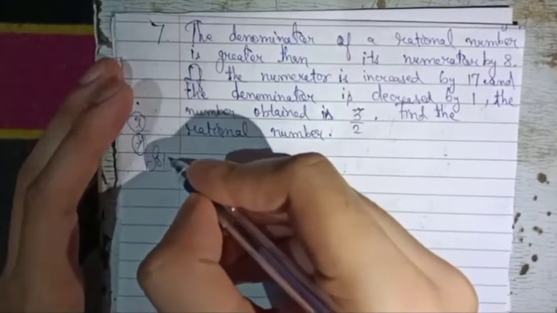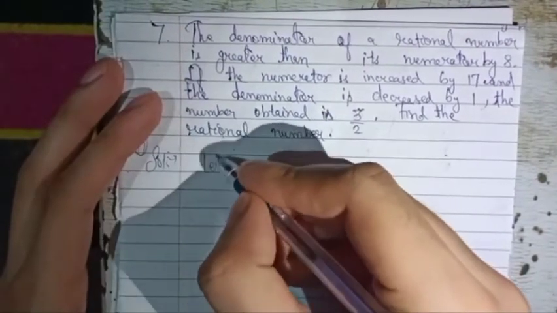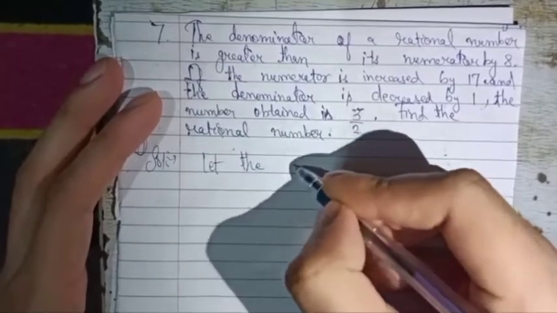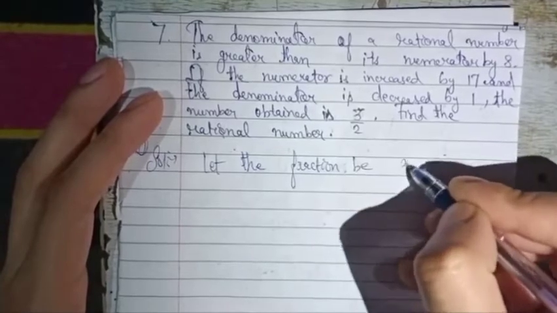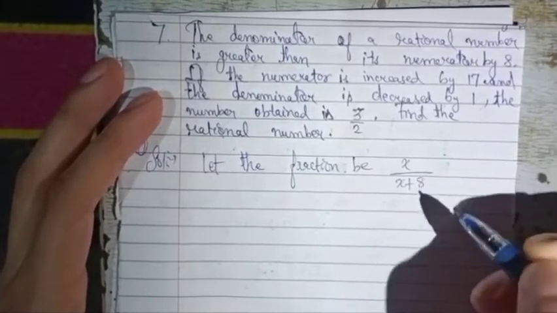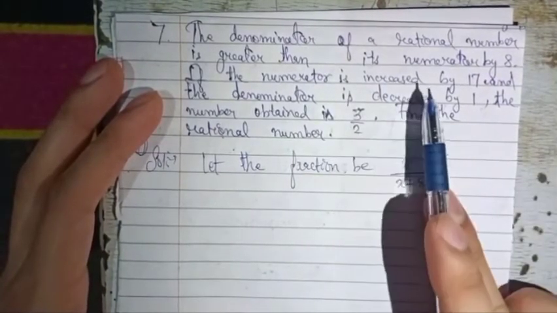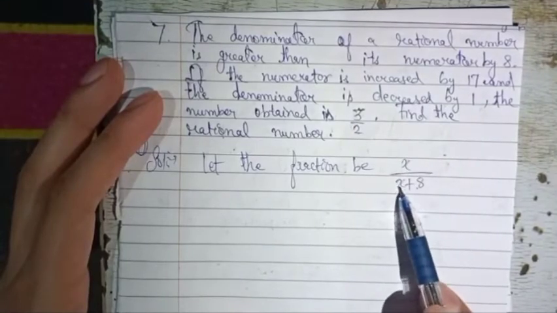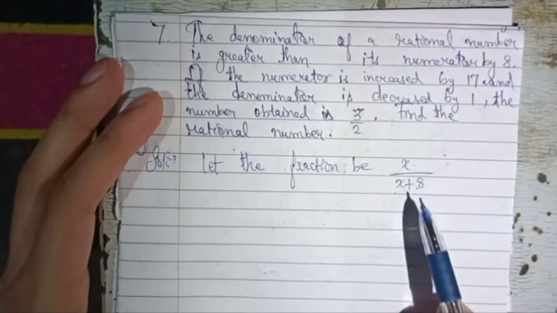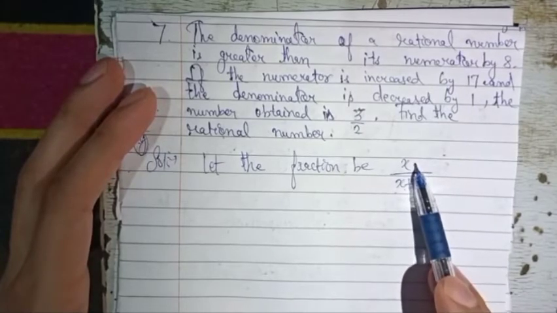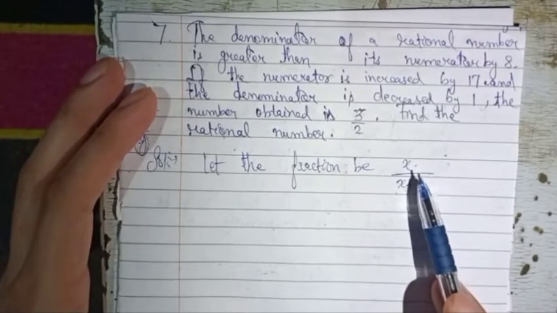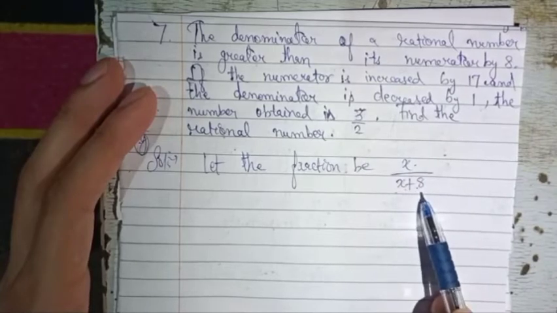Let the fraction be x upon x + 8. Why so? Because it is given in the question that the denominator is greater than the numerator by 8. Okay, that means if the numerator is x, then the denominator will be x + 8.